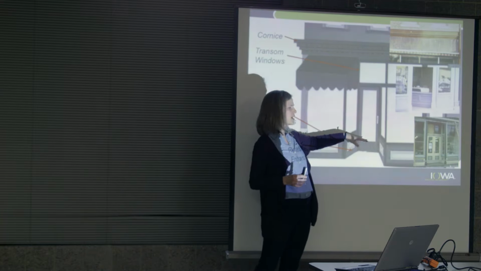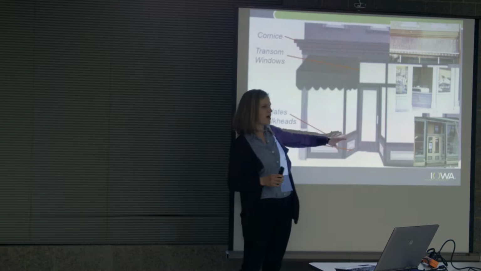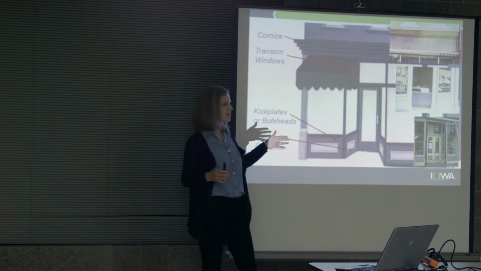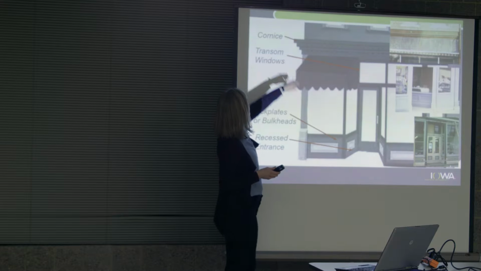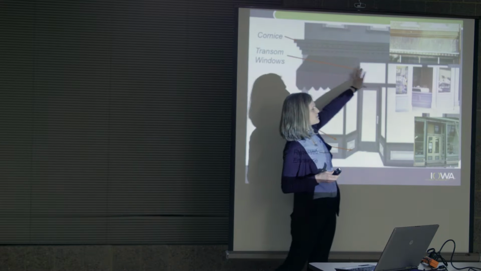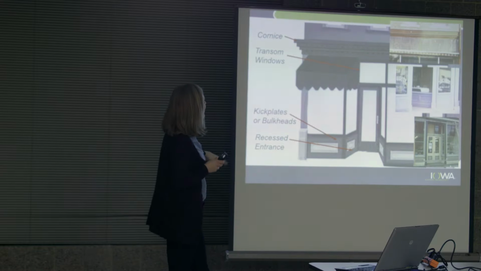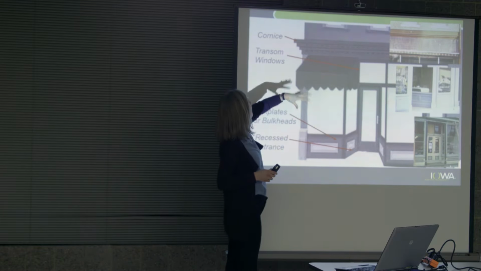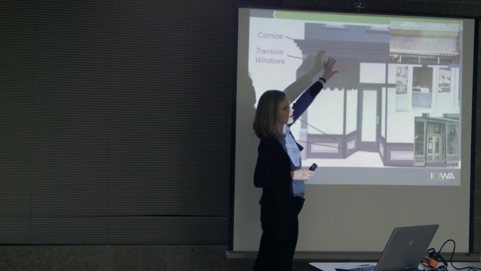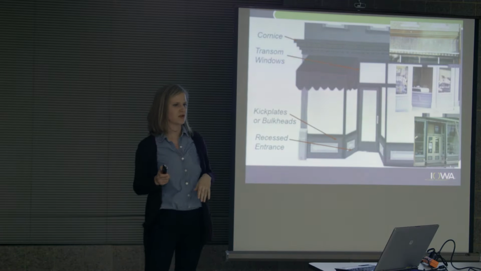Historically, commercial storefronts had recessed entrances, like you see here. These panels at the bottom are called kick plates or bulkheads. You've got your storefront display windows, and then they had this band of transom windows, which we were talking about earlier today. A lot of those often had awnings covering them. And then again, you have a cornice band, often separating the storefront from those upper story windows.